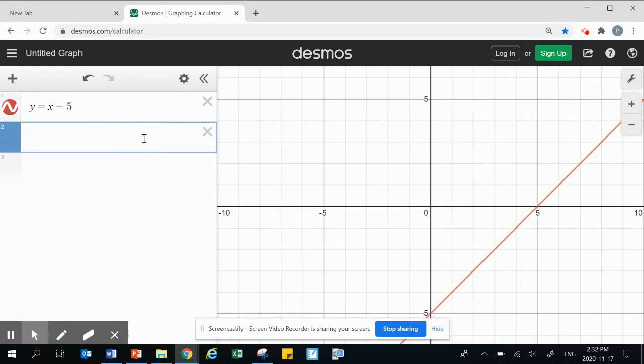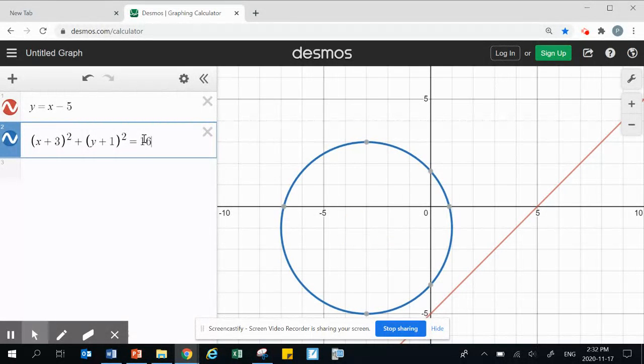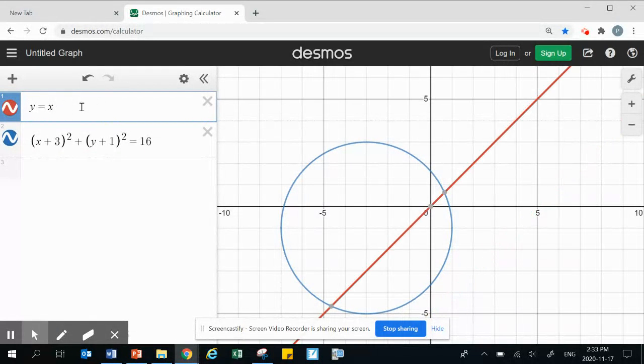There's our line y equals x minus 5, and then we have x plus 3 squared plus... sorry guys, I did this question earlier on. There was definitely a typo here. Bear with me for a sec.